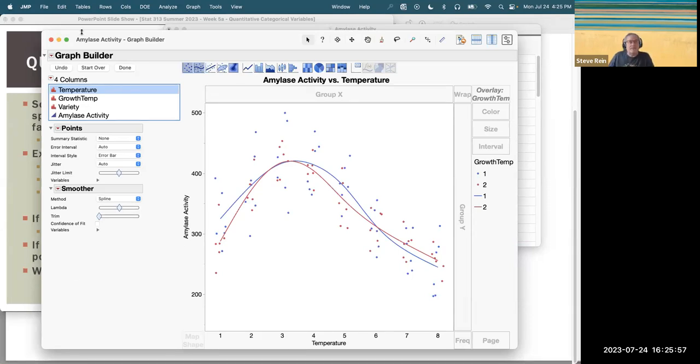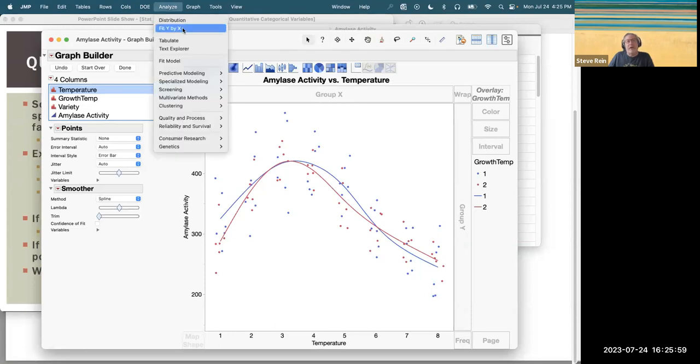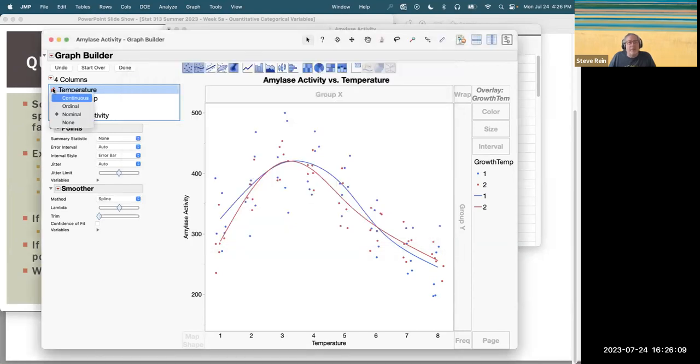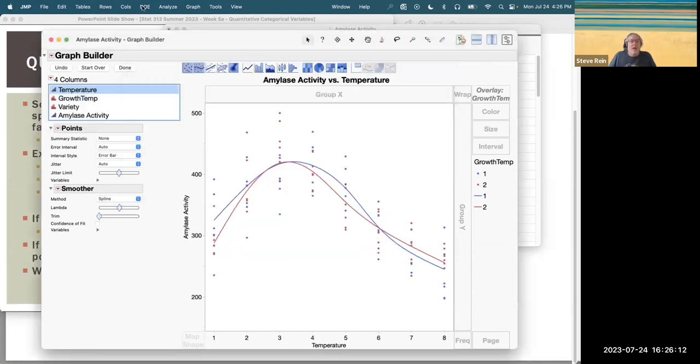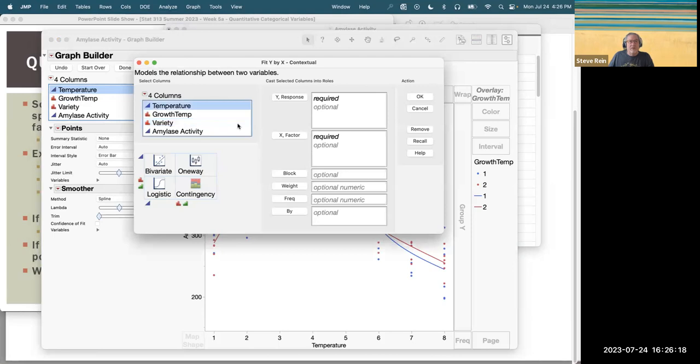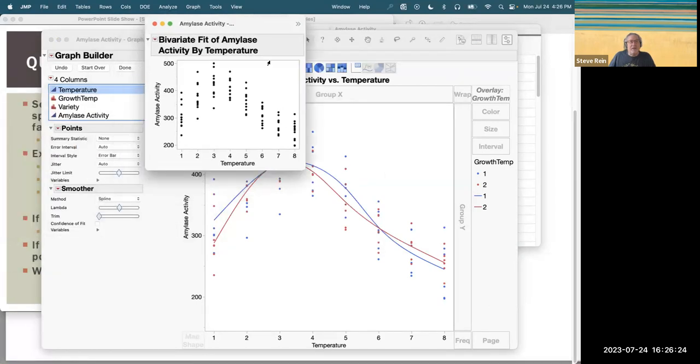So diving in a little bit deeper, and I'm going to use fit y by x for the moment because temperature, okay, and shoot, I'm going to make temperature quantitative right now. If we were to then under fit y by x, say that temperature may be used to predict the amylase activity, I could click OK, and you see this scatter plot here.